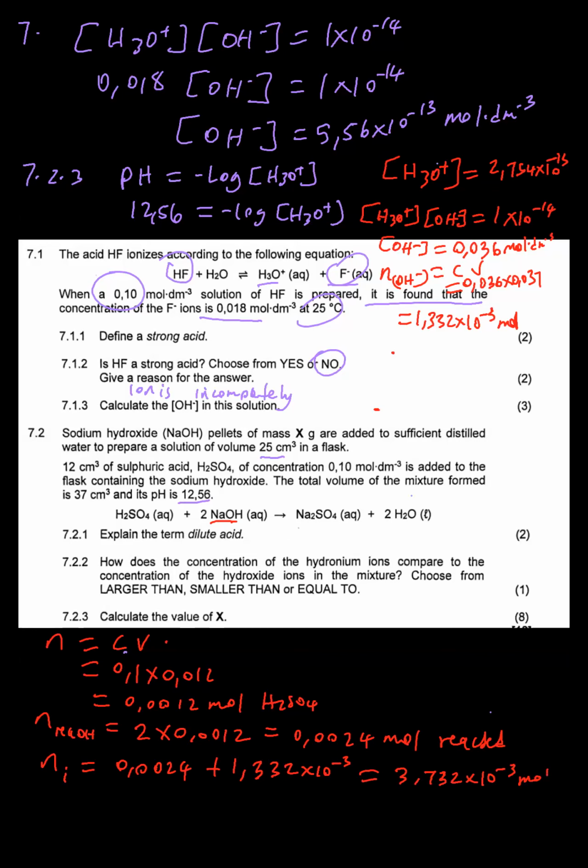Therefore, once we have the moles, mass is number of moles multiplied by the molar mass. That times 23 plus 17.